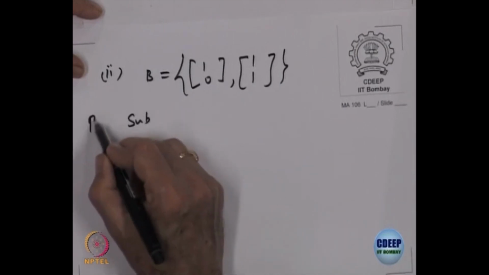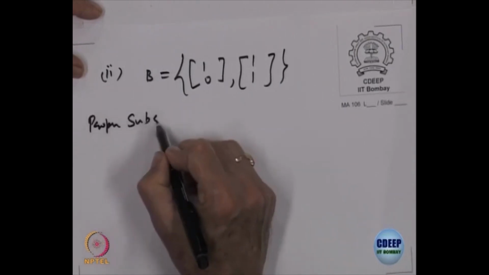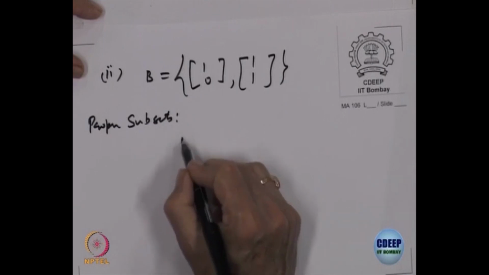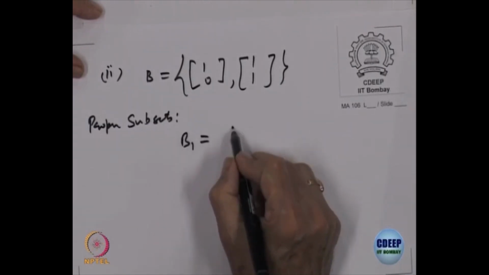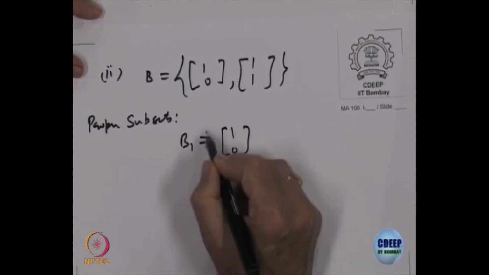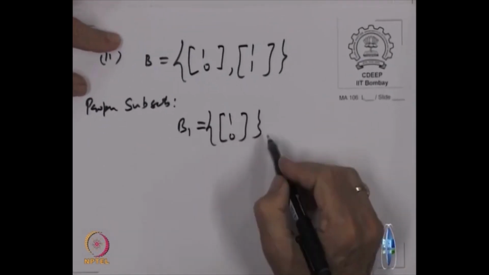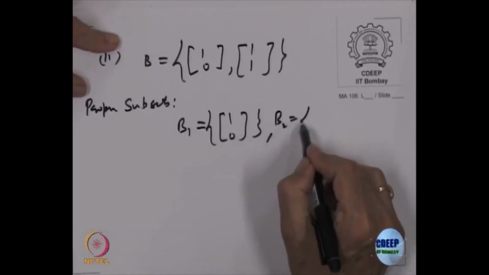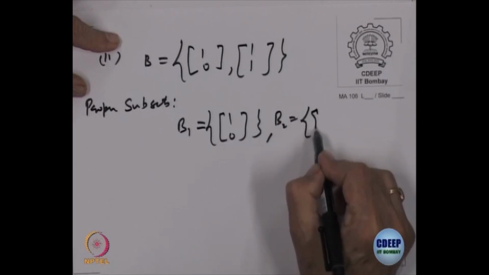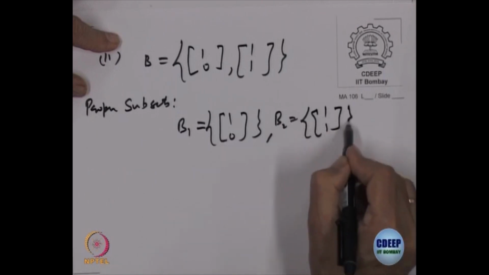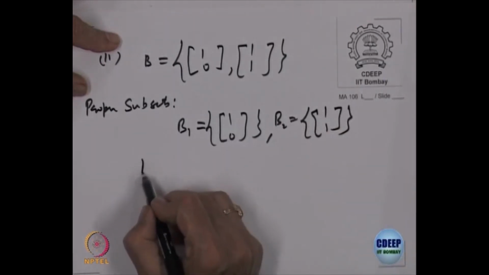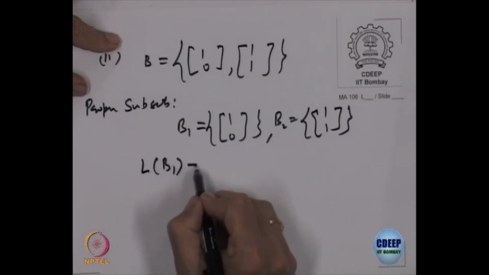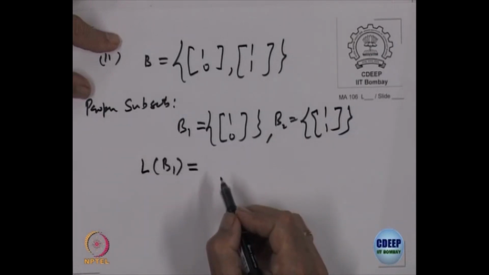Proper subsets. What are proper subsets? B 1, that is (1, 0), and the other one, B 2, is (1, 1), right. So, let us see what is L of B 1.